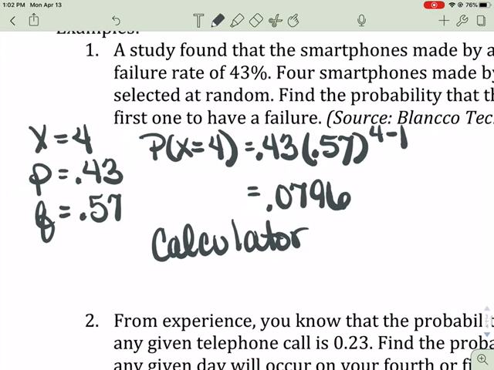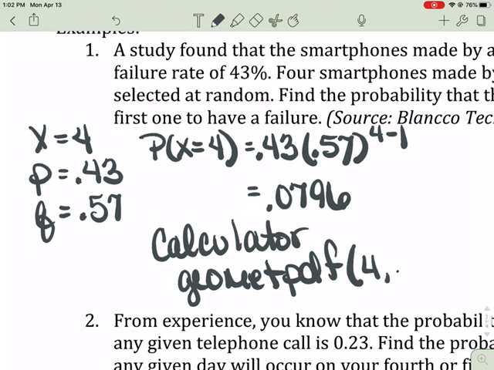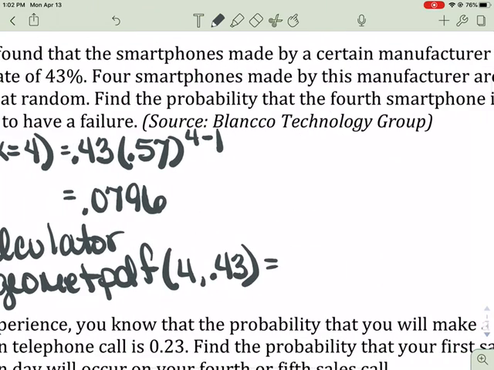It comes up with our menu. I'll go all the way down to geometpdf. We're going to put in 4, 0.43, and we're going to end up with the same answer of 0.0796.